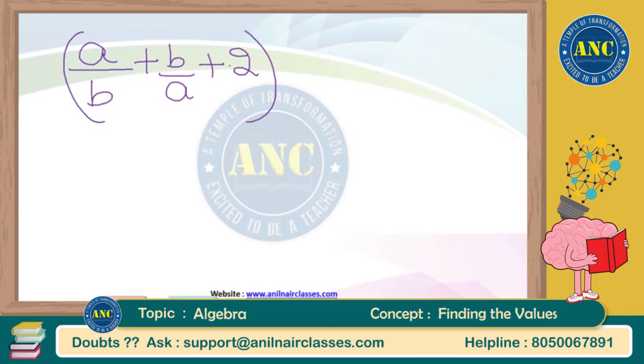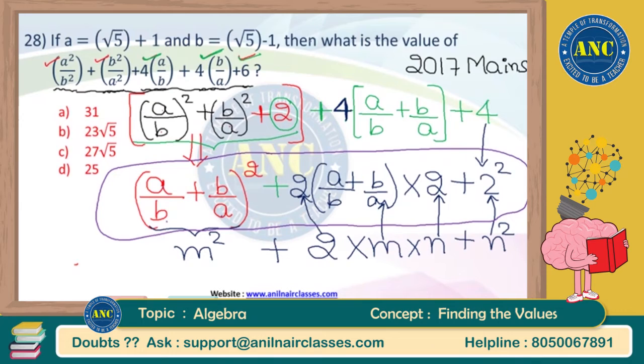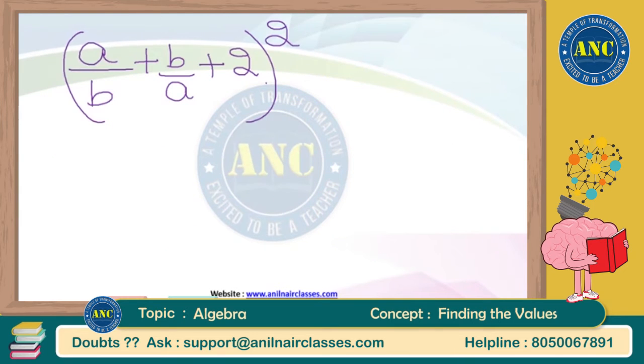That means initially the question, whatever they have given, they asked us to add these 5 terms, but instead of adding those 5 terms just like that and simplifying it in a very, very difficult way, we have reduced that to this beautiful format, whatever is observed on the screen right now, as a by b plus b by a, plus 2, whole square.